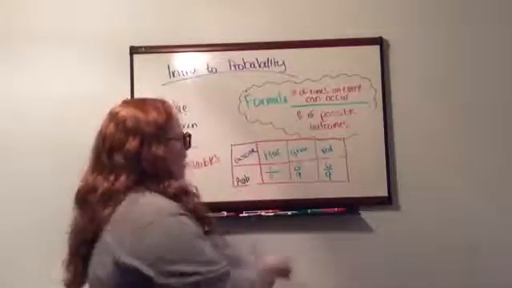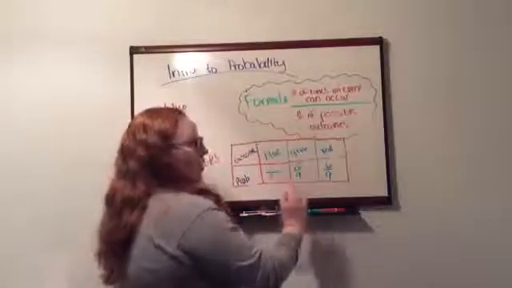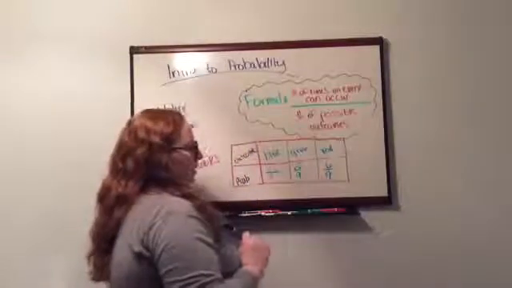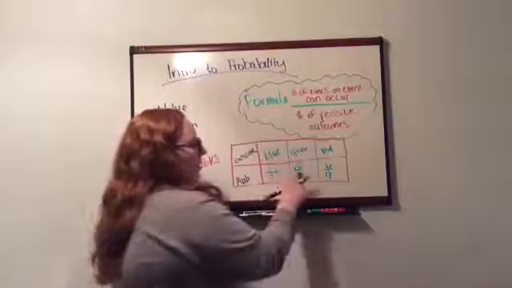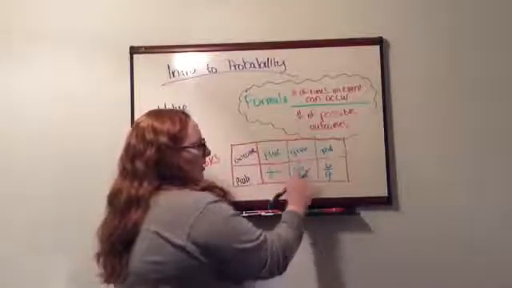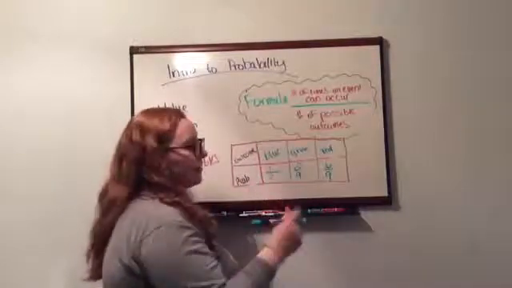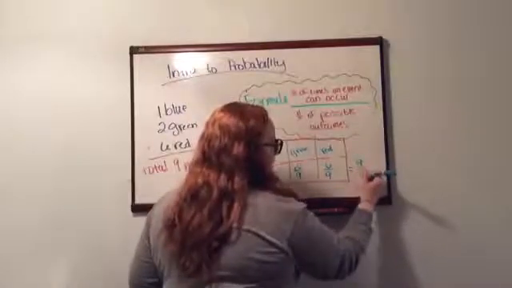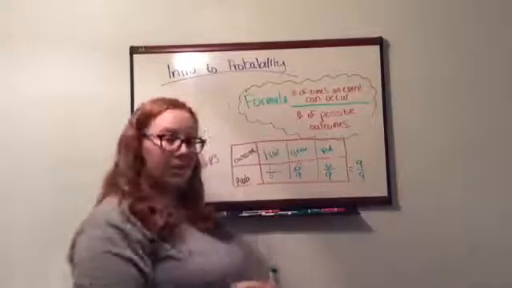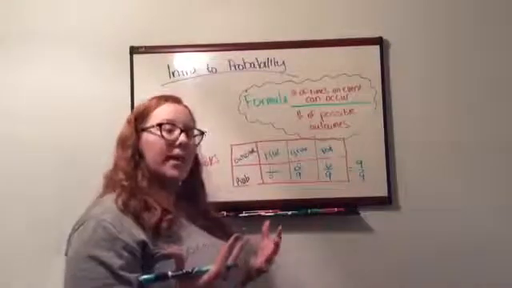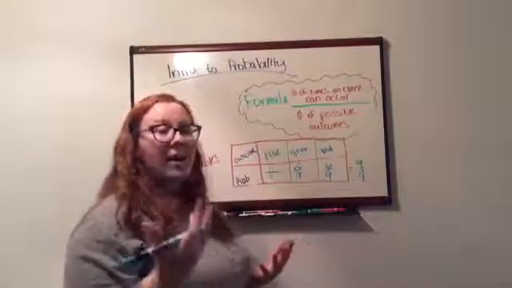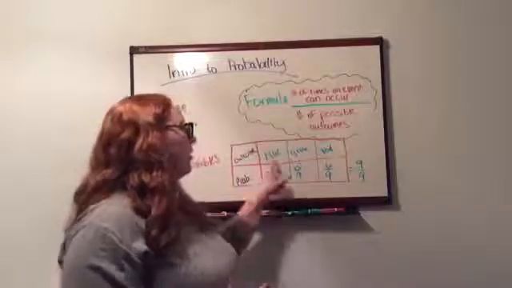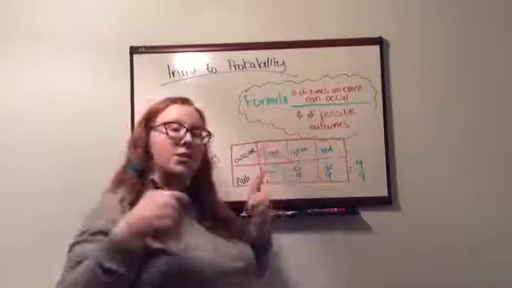So let's see, we have 1/9 plus 2/9 plus 6/9. So we have 1, 2, 3. 3 plus 6 is 9. So we have 9/9 of a chance to pull out either a blue, green, or red marble. 9 out of 9, that means that I have a 100% chance of pulling out a blue, green, or red marble. So I'm good to go there.